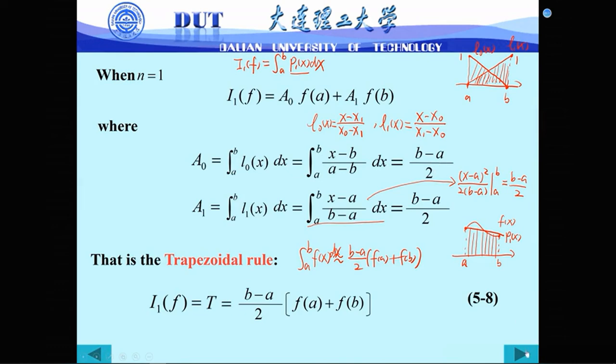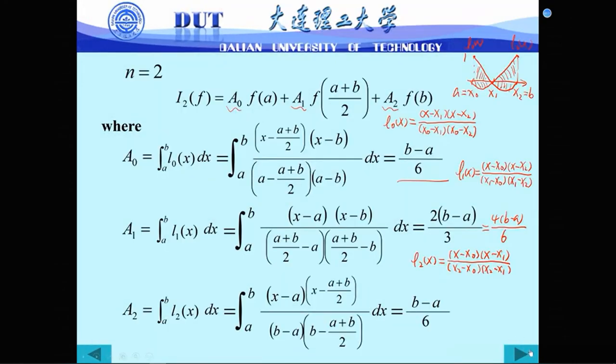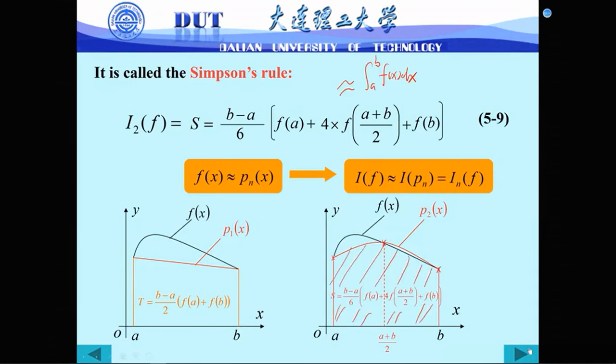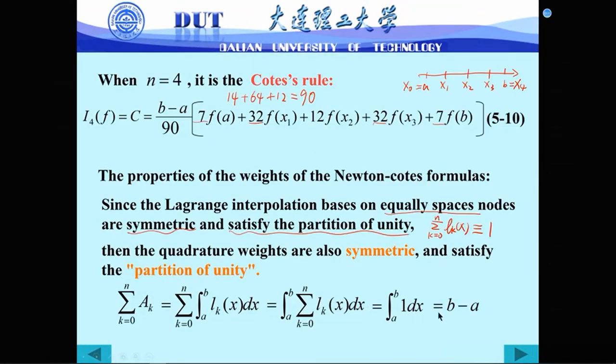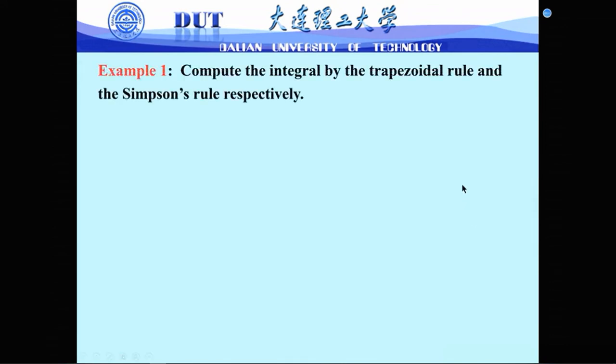See, this is also the partition of unity. Clear? But here the unity should be b minus a, because of the length of the interval. Okay, at last, let's practice with 2 examples.